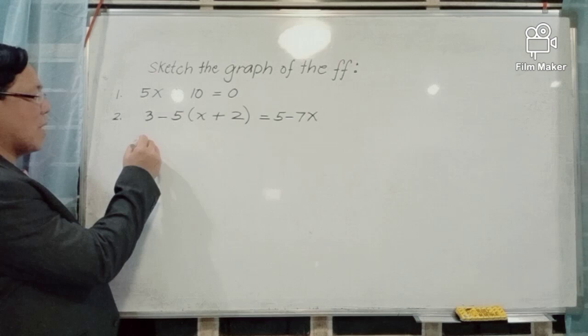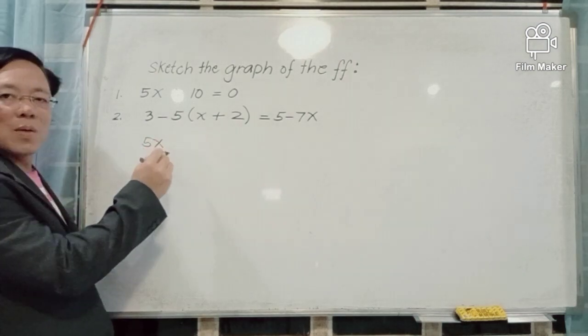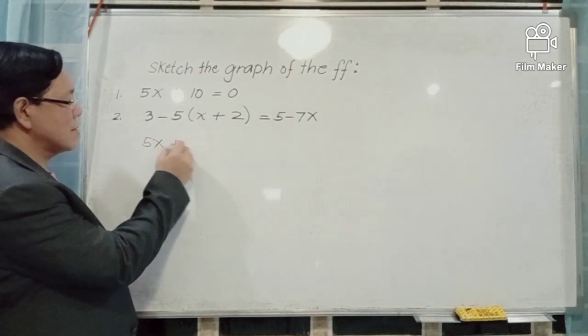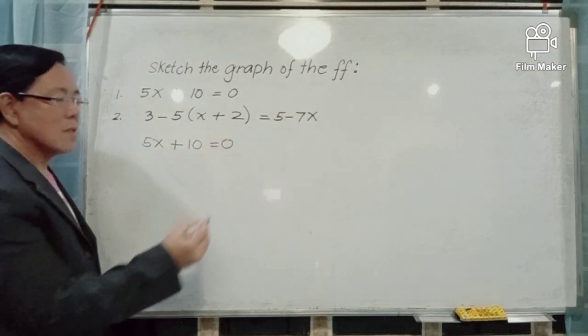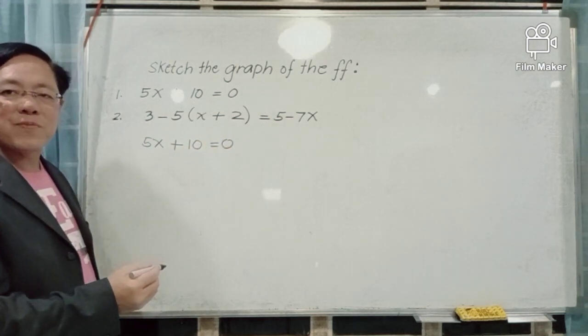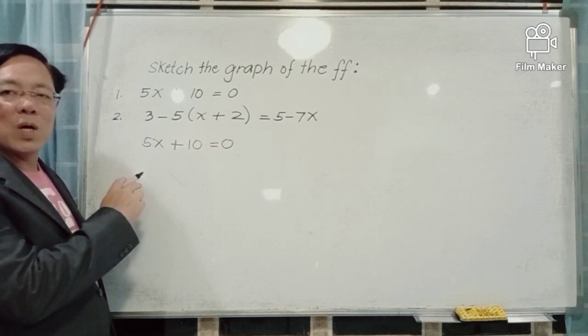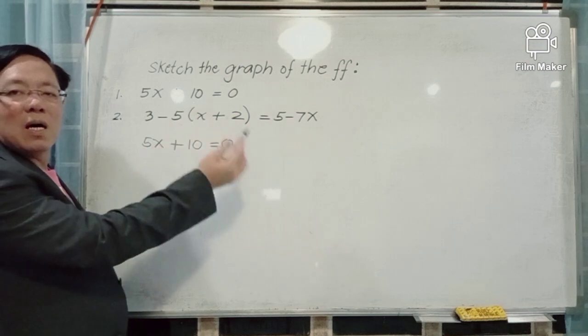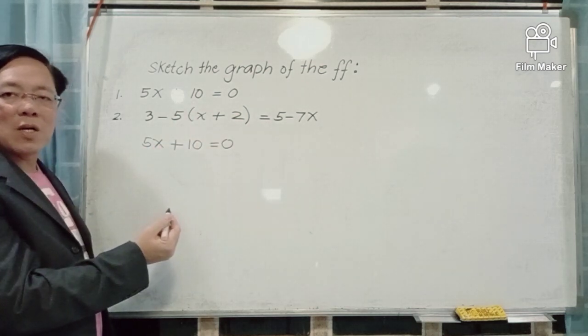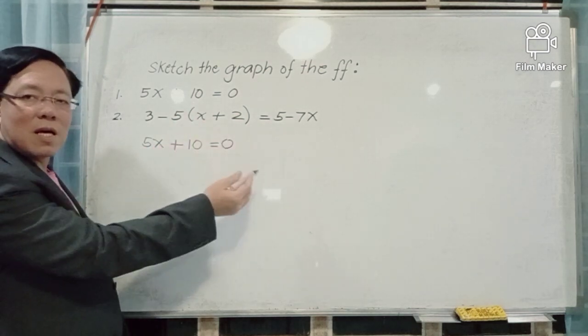We have 5x plus 10 equals 0. We solve for x from this linear equation in one variable x. All the constant terms must be at one side of the equation, usually the right hand side.